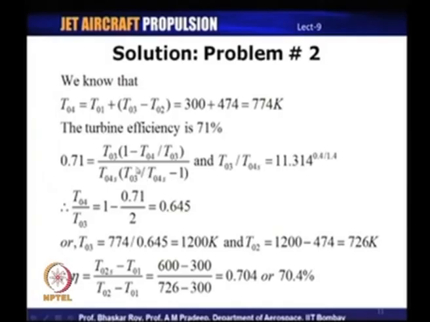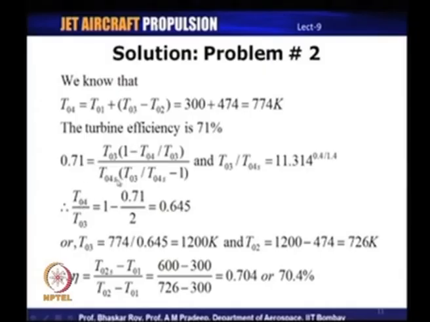Also, we know that this ratio, T03 by T04s, should be equal to the cycle pressure ratio raised to gamma minus 1 by gamma, because the net work output is 0. So, the turbine pressure ratio will also be equal to the compressor pressure ratio. Therefore, we get this ratio from this expression.